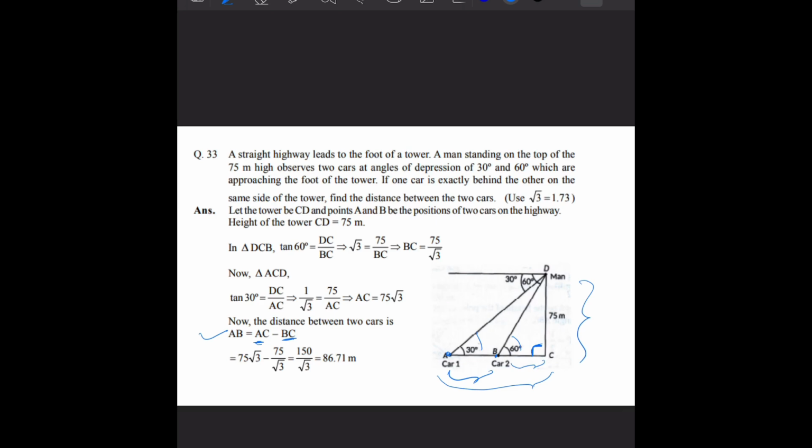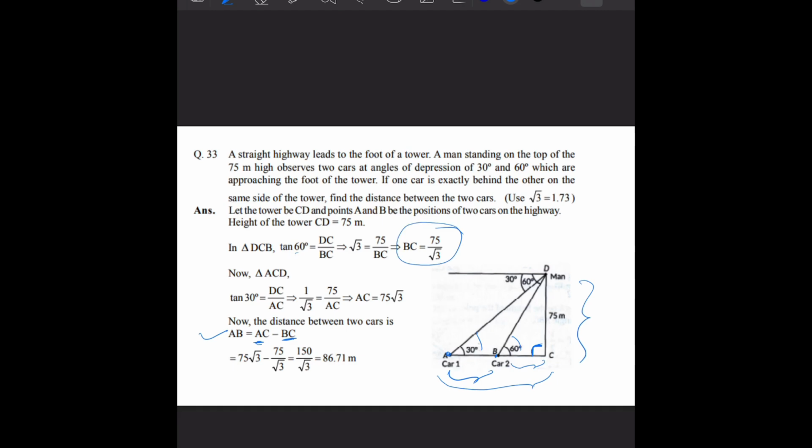In triangle DCB, tan 60 is opposite upon adjacent. DC as tower is 75 meter. The value of tan 60 is root 3. DC is 75. We got BC, right? Out of AC and BC, we have found out BC.